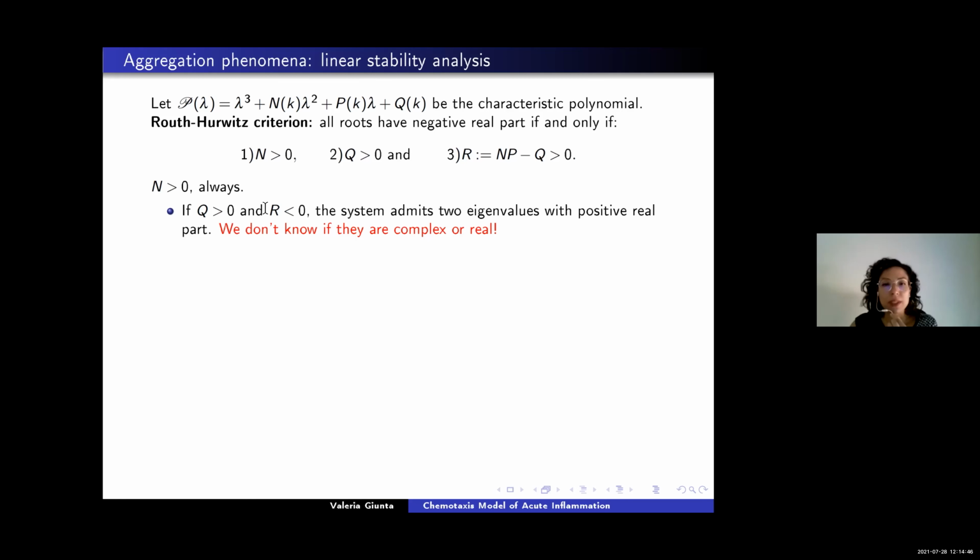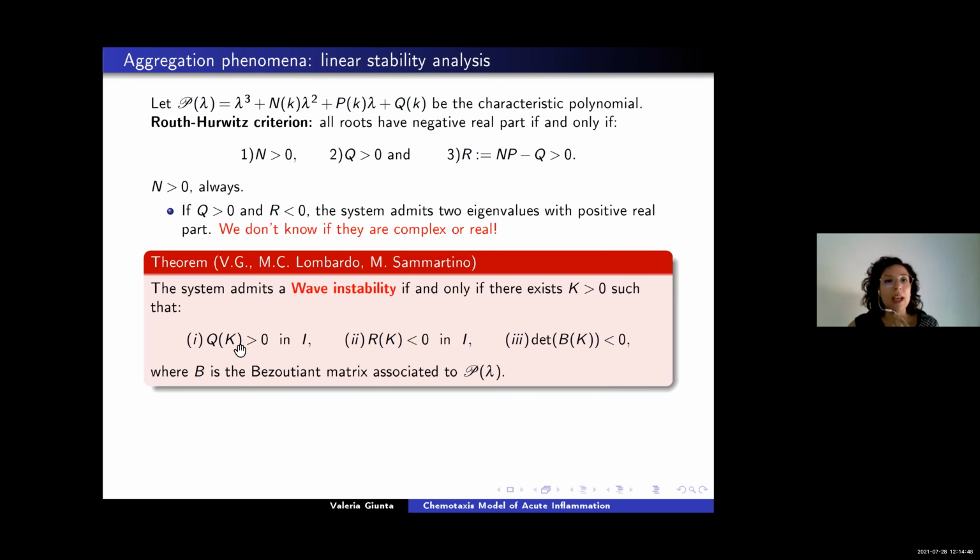So we have proposed this criterion, which states necessary and sufficient conditions for a wave instability. The first two conditions are given by the Routh-Hurwitz criterion. The third one states that the determinant of the Bezoutian matrix associated to the characteristic polynomial must be negative.